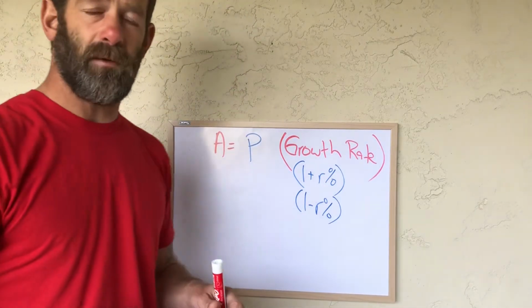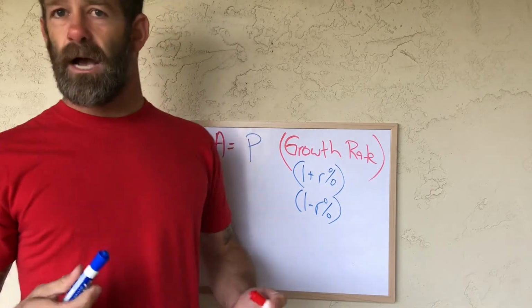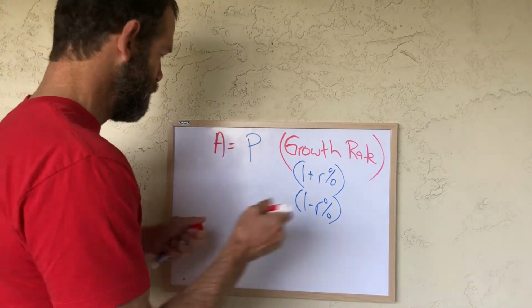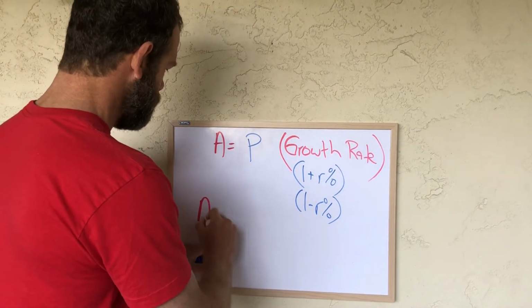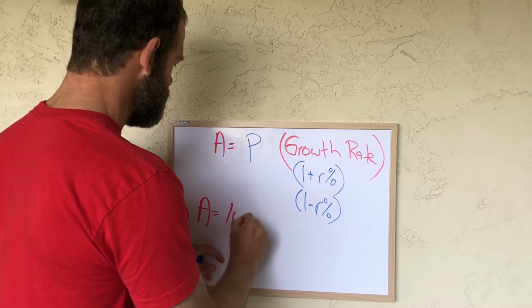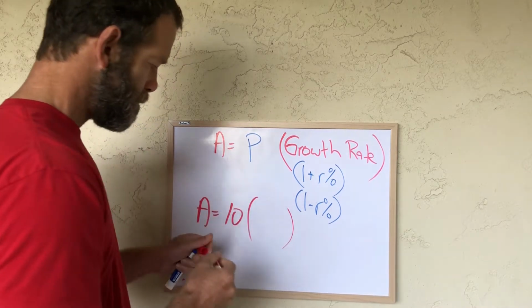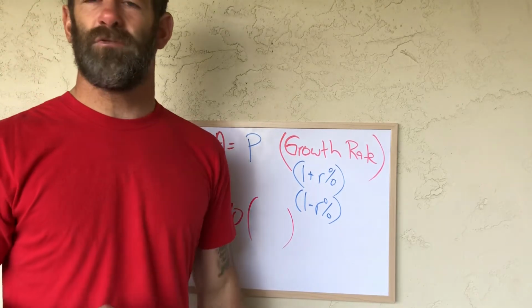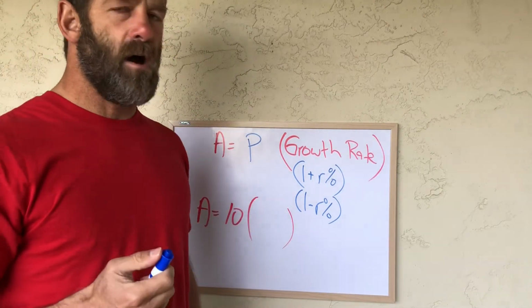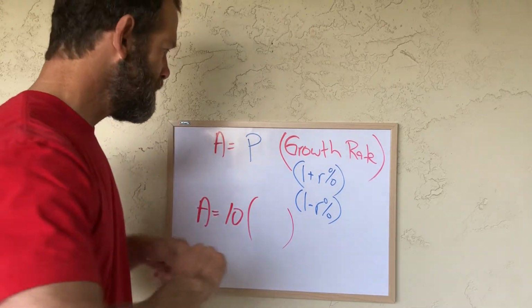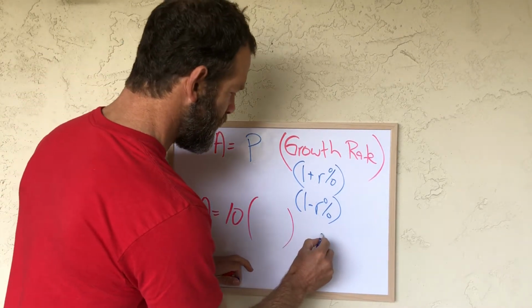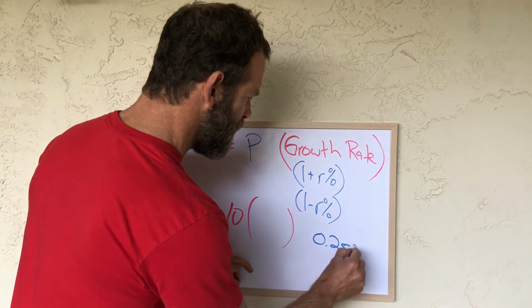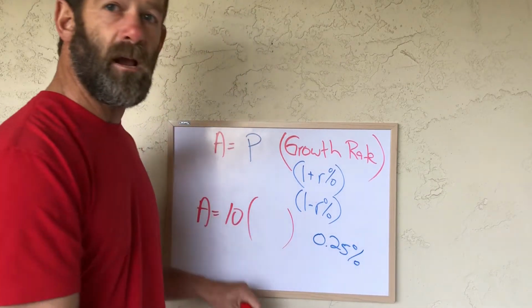Let me explain this to you. Let's say you deposit $10 in a bank account. So the amount that you have is 10 times, this is the money, and let's say your interest rate is growing at 0.25% per year.